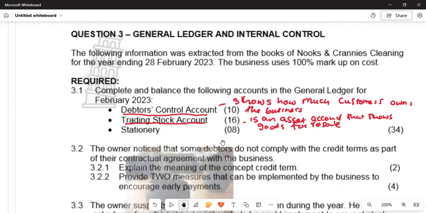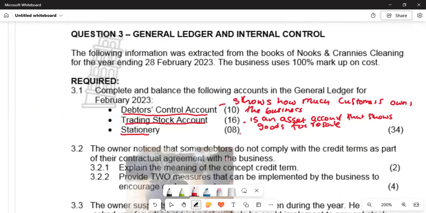We are asked to do the stationery account as well. So here is our stationery account.